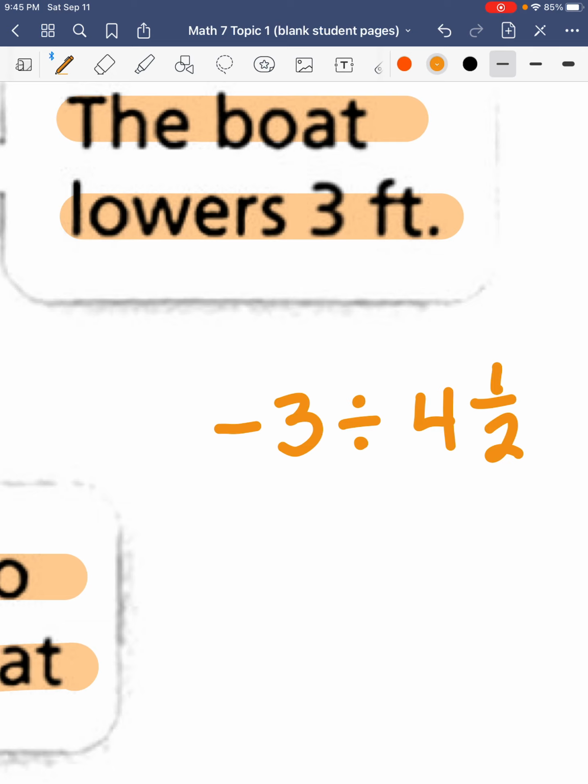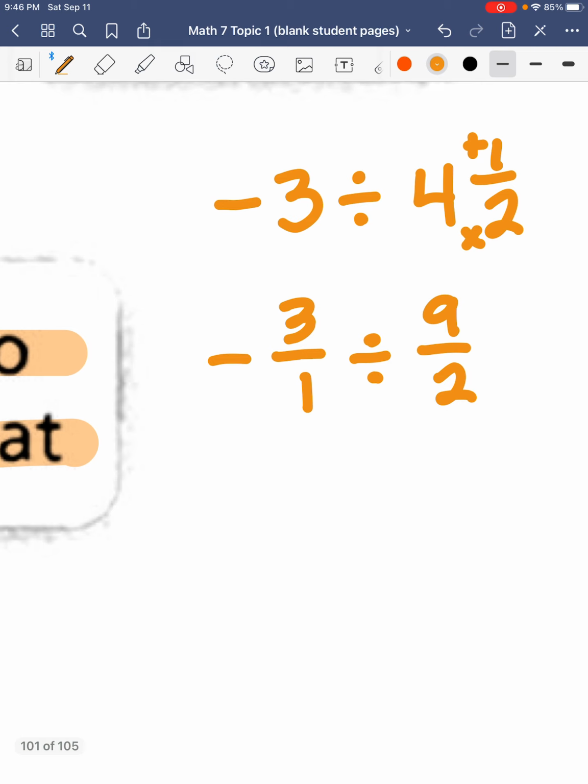So -3 I'm going to rewrite as -3/1 and divided by, and then I'm going to convert 4.5 to an improper fraction. So 2 times 4 is 8, plus 1 is 9. So I have 9/2.